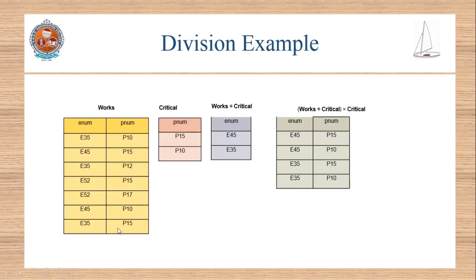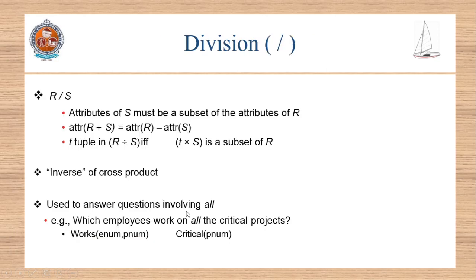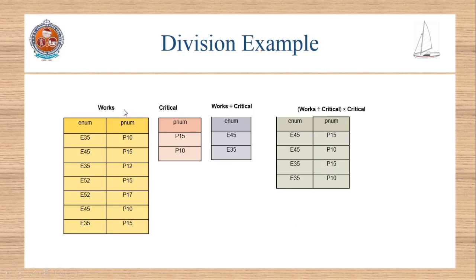So consider the example here. The question is which employees work on all critical projects. We want to retrieve the employees who work on critical projects. See here, this is the works relation instance where we are having two attributes, two columns, enum and pnum, and we are having 7 tuples present in this works instance.